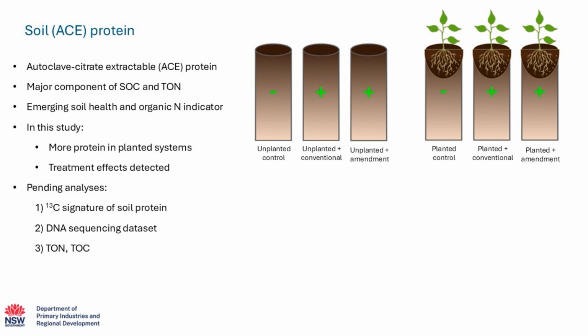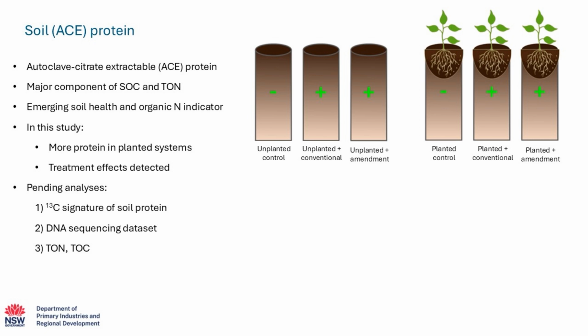However, it's often overlooked in soil health assessments. ACE protein consists of microbial byproducts that bind soil particles together, enhancing aggregation, water retention, nutrient cycling, and microbial habitat. As the largest organic N fraction in soil, it degrades to amino acids and is subsequently released as plant available ammonium.